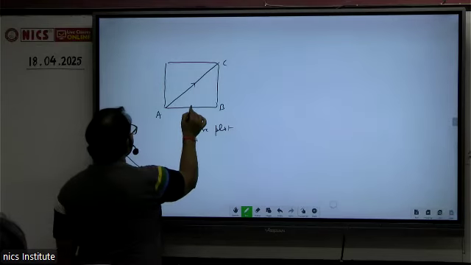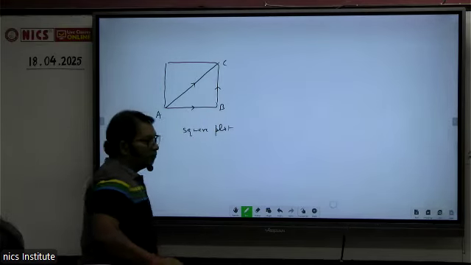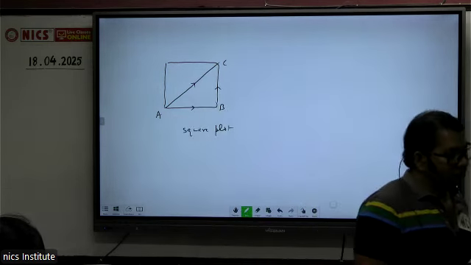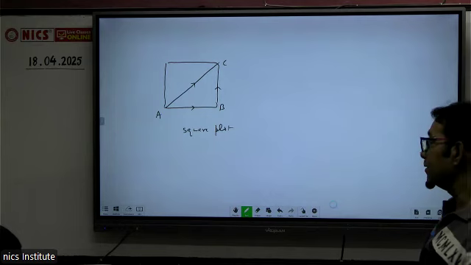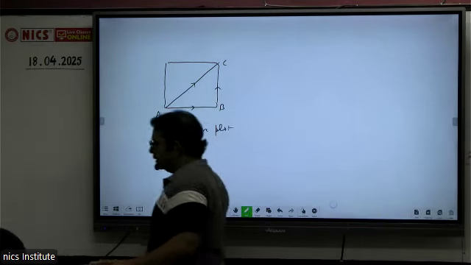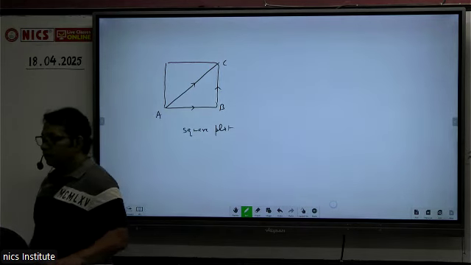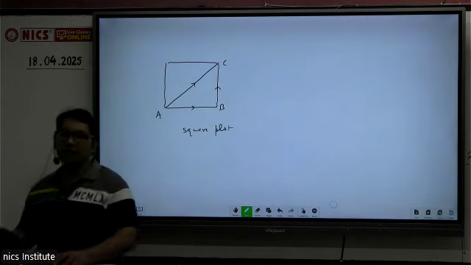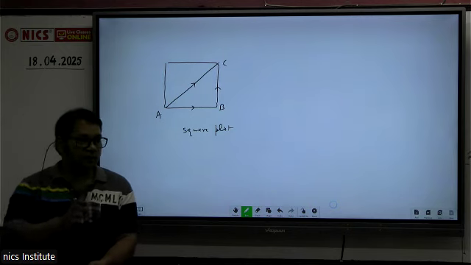So what is the percentage he is saving? By walking along the diagonal, how much percentage is saving? This square plot, a person walks along the diagonal rather than walking along the sides, how much is he saving in walking?